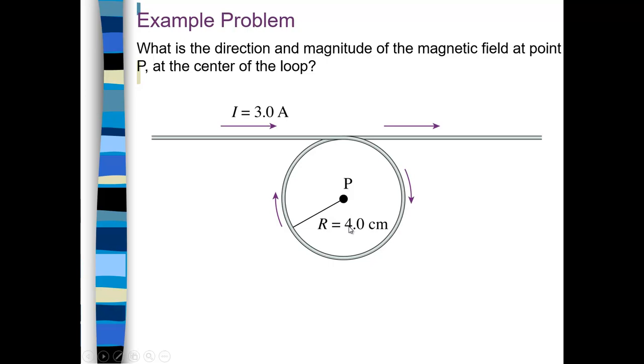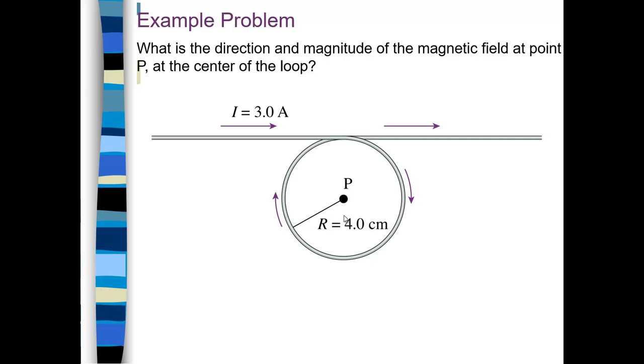Let's go back to the governing equation. First of all, we use the right-hand rule to tell us that the field at P, given the way the current is moving around, is going into the page.